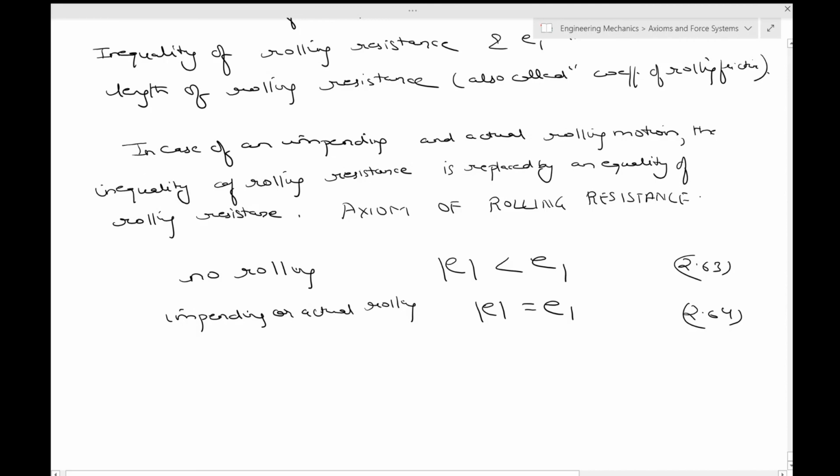Okay, so E1 has its value, say for steel in ball bearings, as 0.0005 to 0.0013 centimeters. Okay, for wood on wood, remember you have to have two surfaces, it is between 0.05 to 0.08 centimeter and so on.